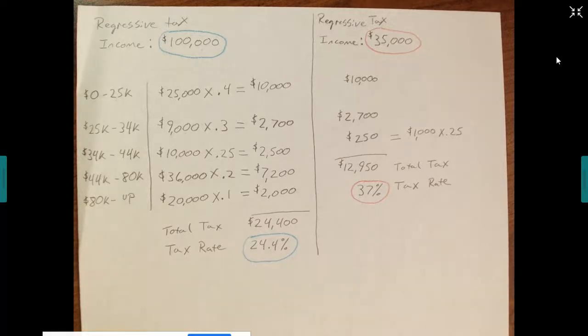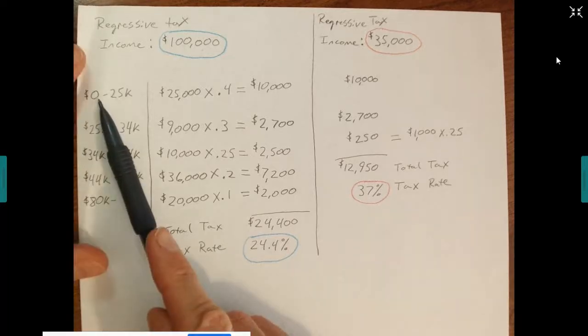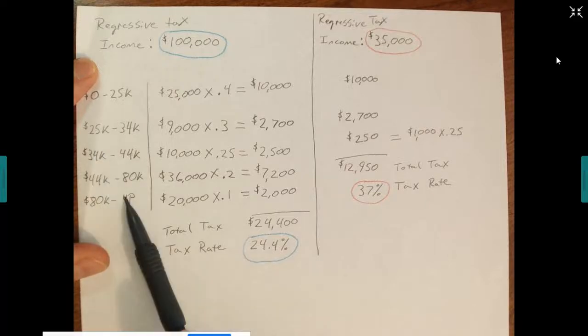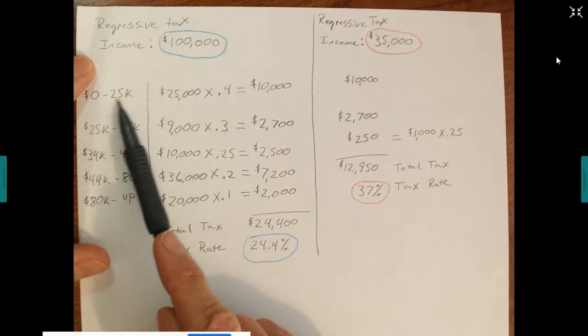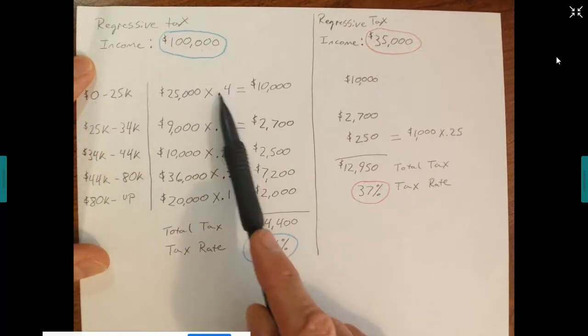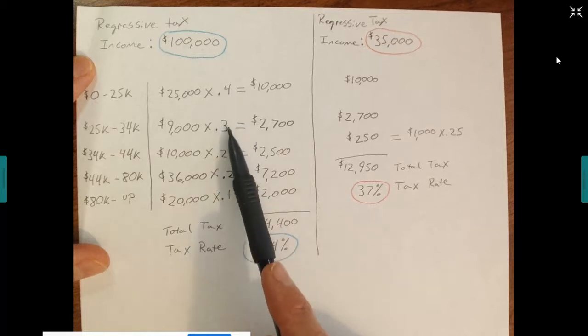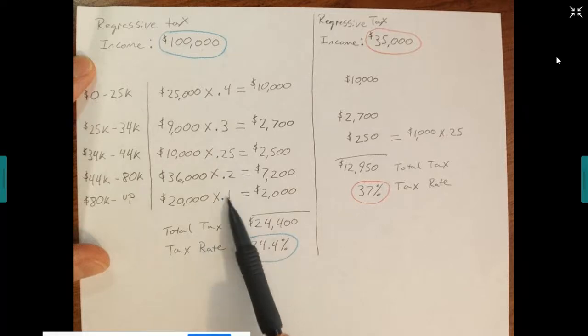Let me explain. Here we have the same brackets of income. However, for each of these brackets, the lower incomes actually pay the higher percentage in taxes. As your income goes up, the percentage in taxes that you pay on those incomes decreases.